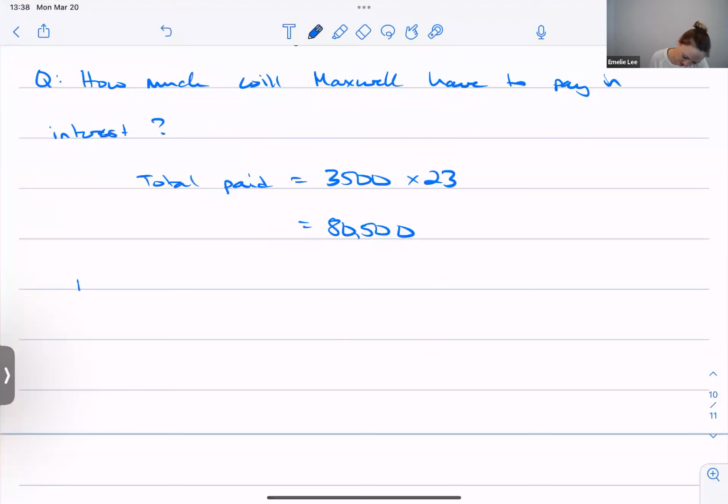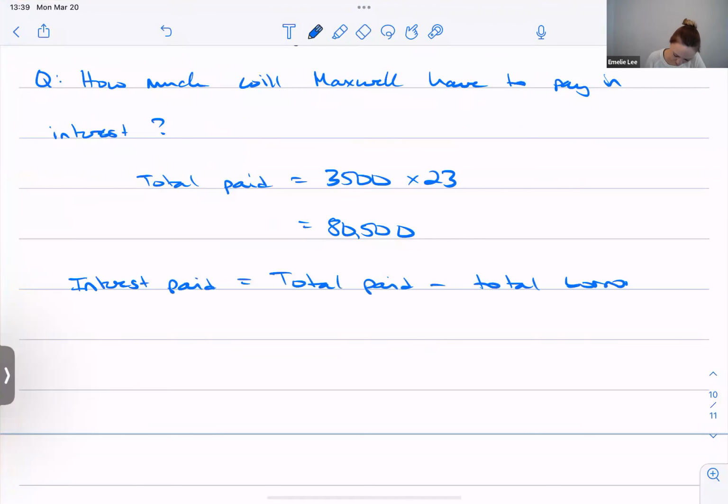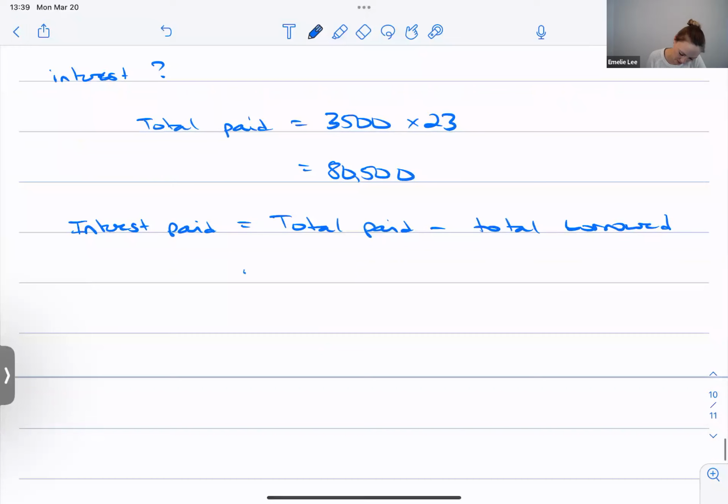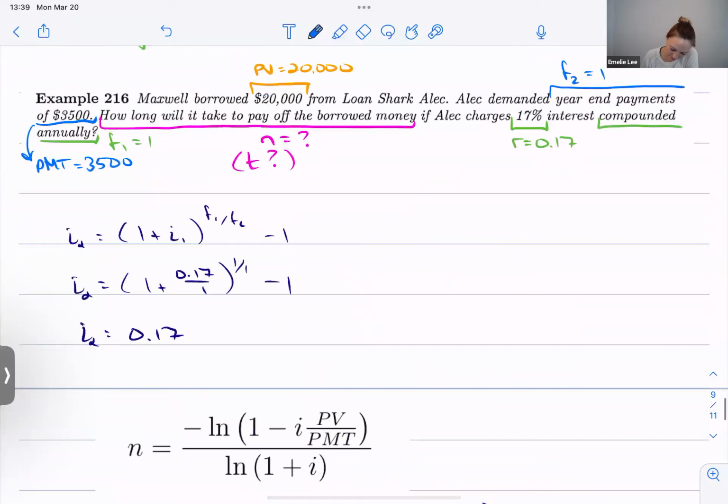And interest paid is the total paid minus the total borrowed. Uh-oh, that's where it doesn't look very good. For Maxwell, looks great for Loan Shark Alec. Consider a career in being a loan shark. Minus 20,000, that's how much Maxwell borrowed.